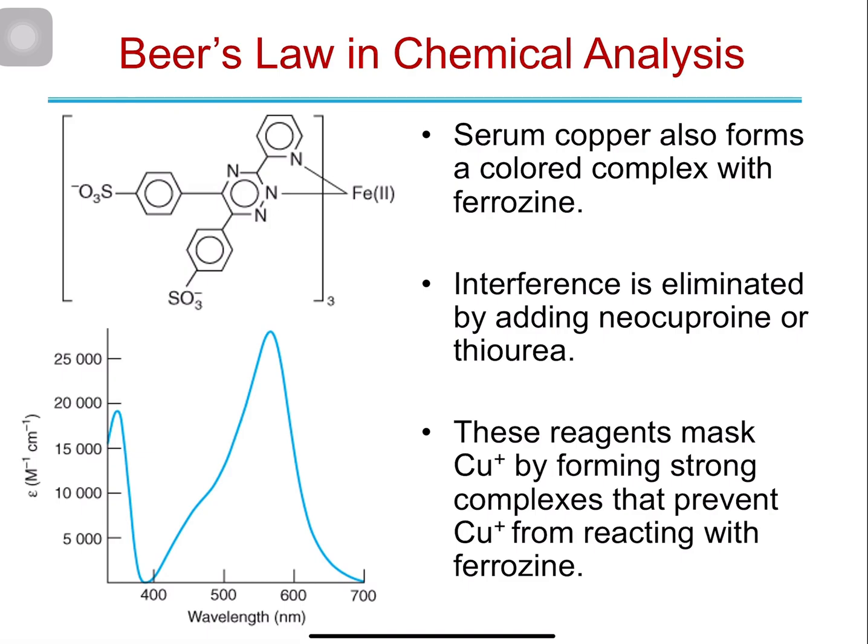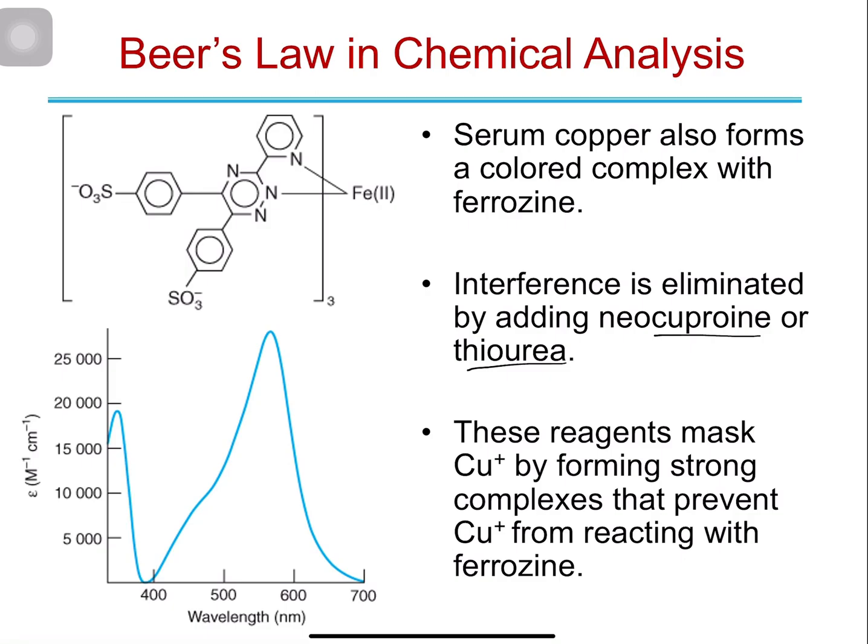In this case, we need to mask this copper, or eliminate this type of interference, so we will add neocuproine or thiourea. Neocuproine or thiourea will make a very strong complex with copper, but not with iron, and this complex will prevent the copper from interacting with the ferrozine.